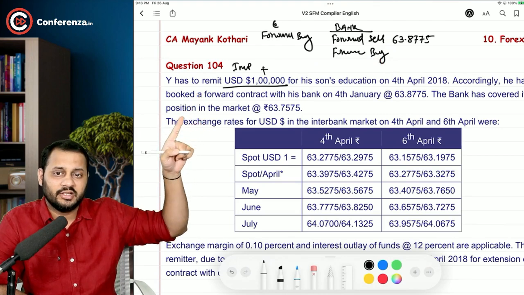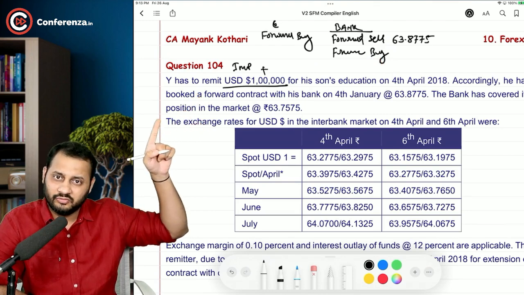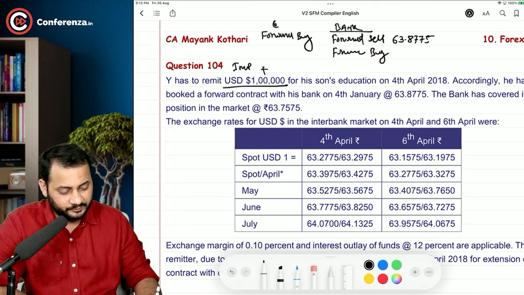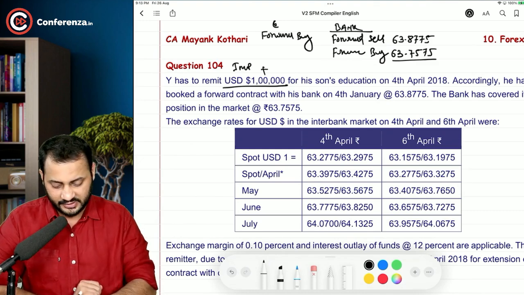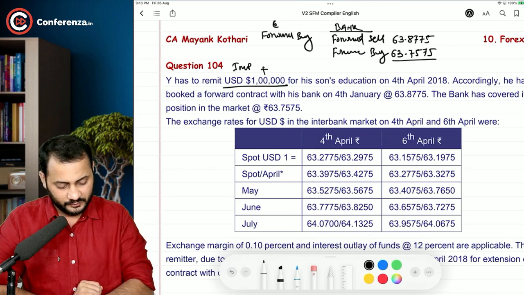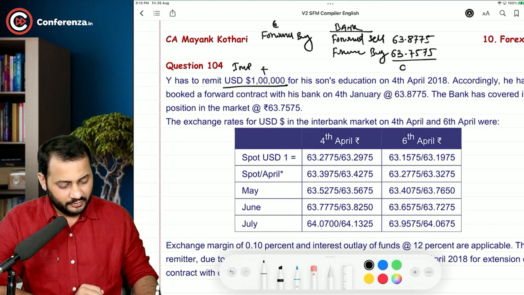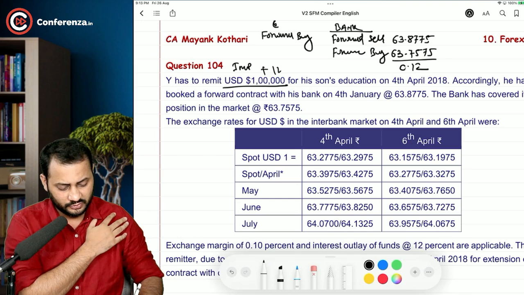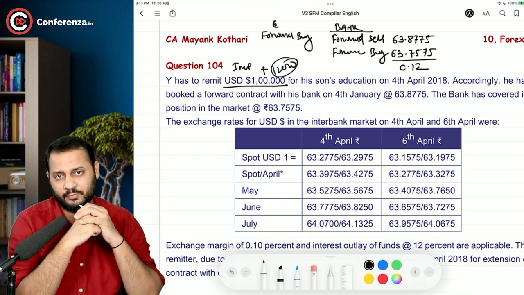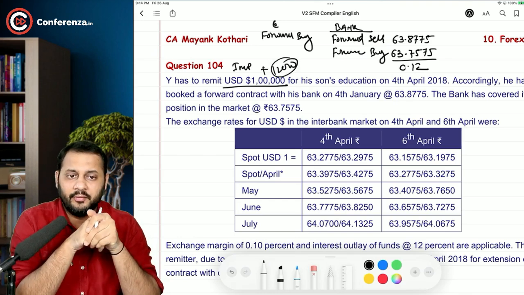So they have already taken the forward contract for buying it. This is the cover rate, 63.7575. So they made sure that if the transaction happens as agreed, they will make a profit of 0.12 rupees per dollar. So practically 12,000 rupees is what they are eyeing, the profit.